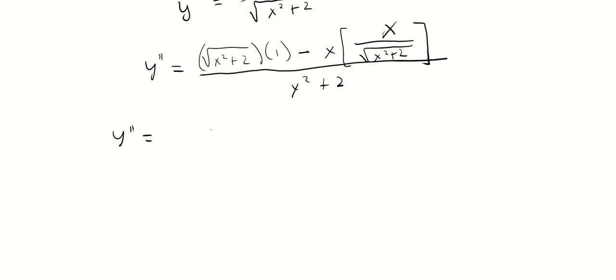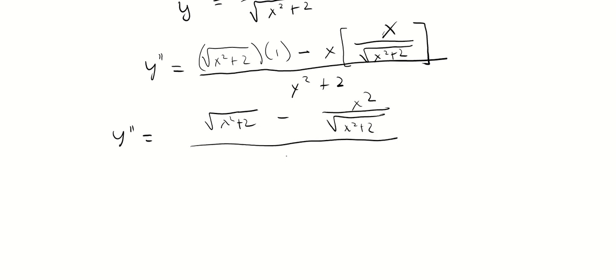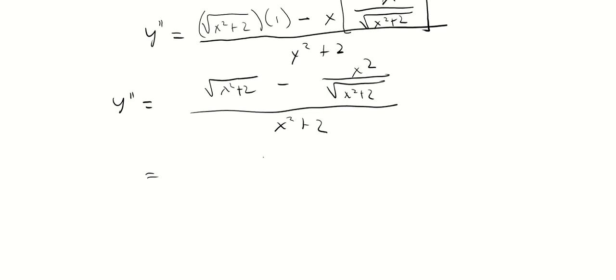here. So we have the square root of x squared plus 2 minus, here we make it x squared, square root of x squared plus 2, all over x squared plus 2. And we can add the numerator. The LCD will be x squared, square root of x squared plus 2.